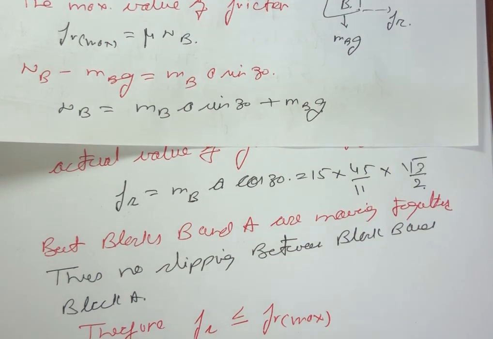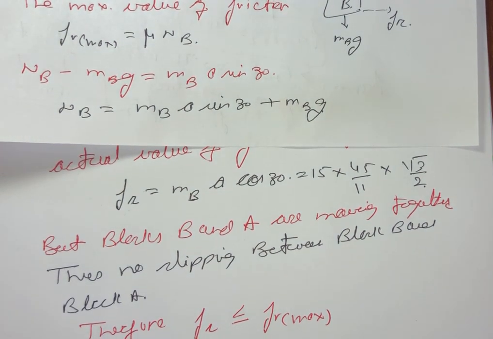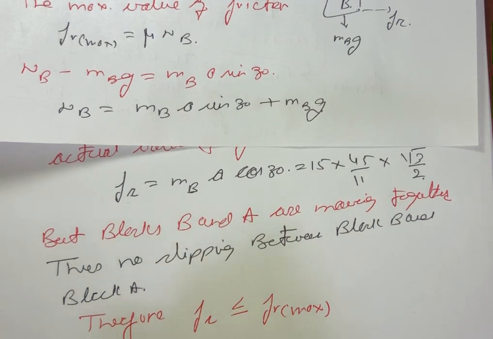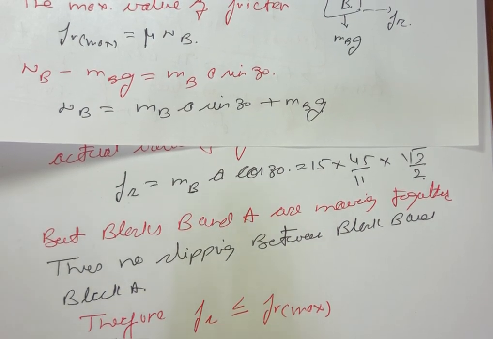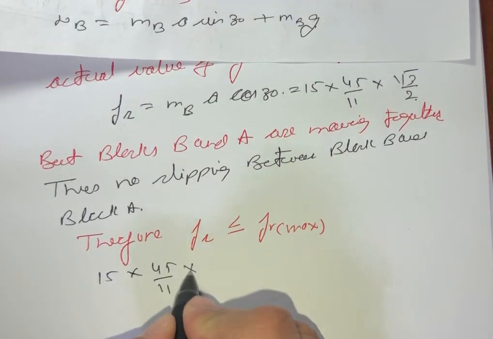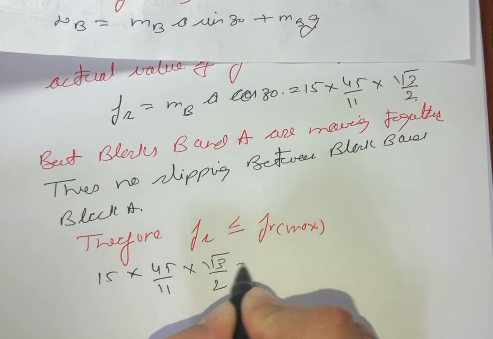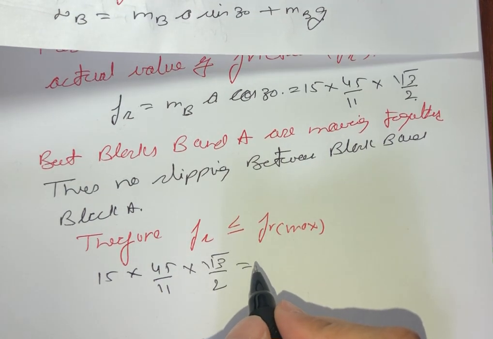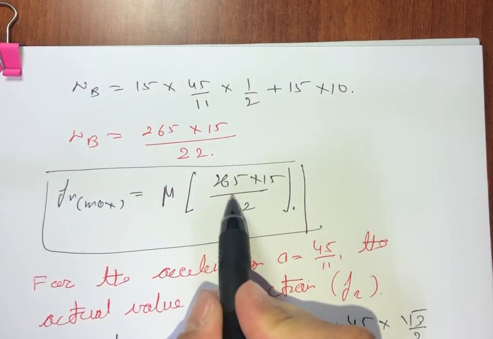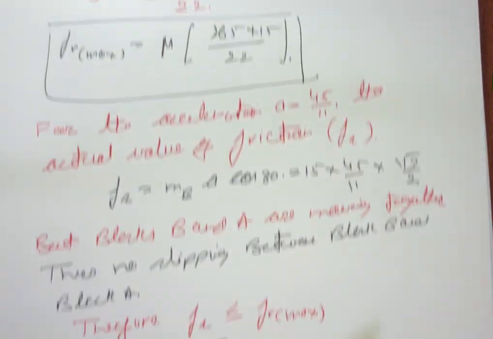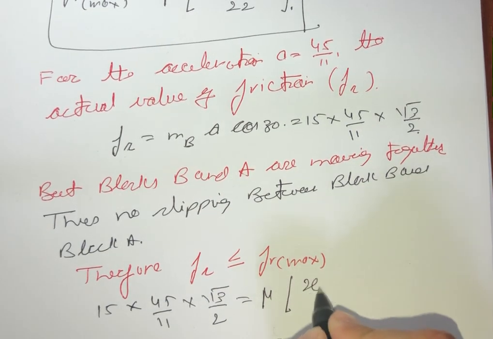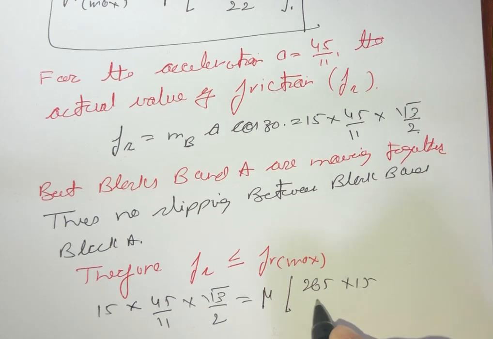We substitute the values of Fr as well as Fr max. Fr is 15 multiplied by 45 by 11 multiplied by root 3 by 2, and Fr max is mu into 265 into 15 divided by 22.